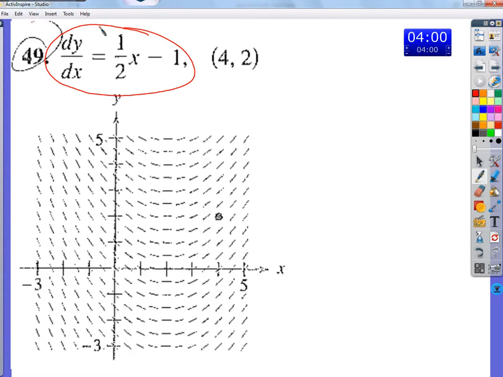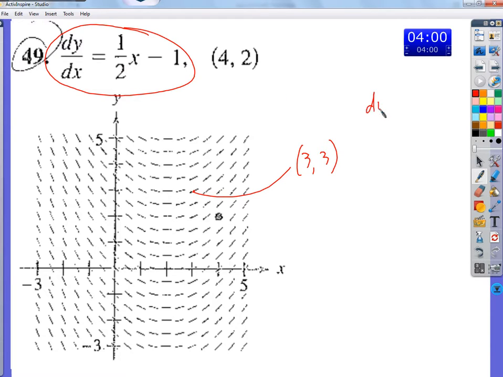So when we come to say 3, comma 3, that's a point. X is 3, y is 3. To find the value of the slope, I plug it in here.